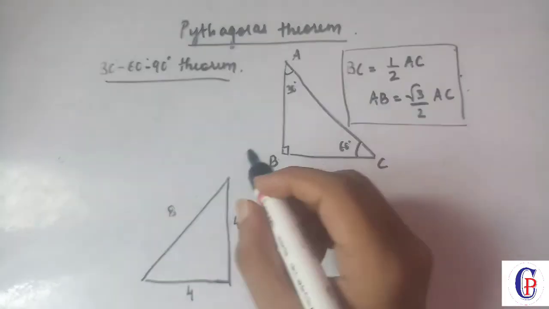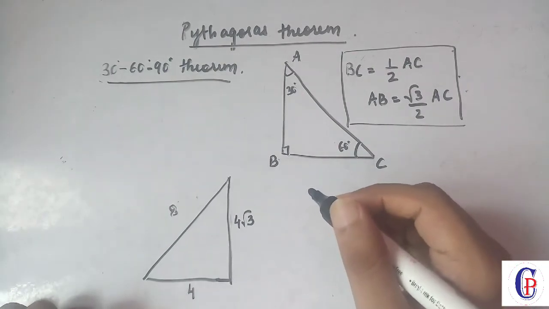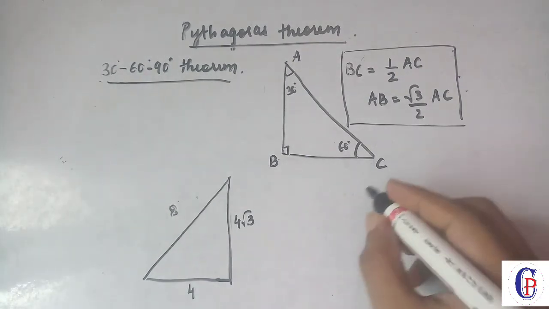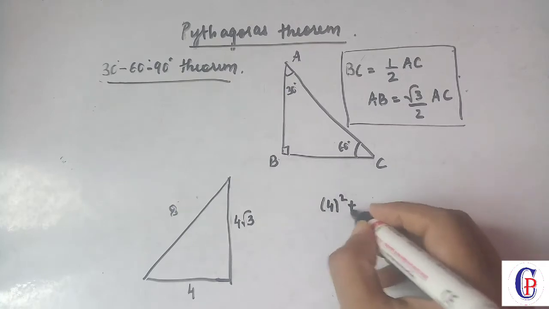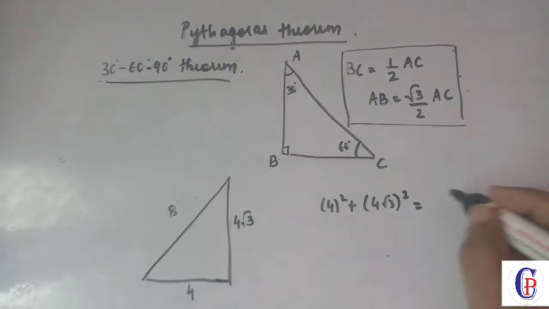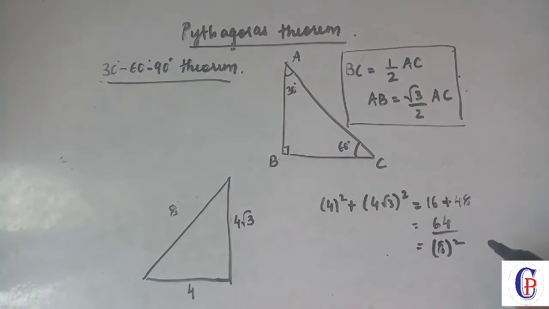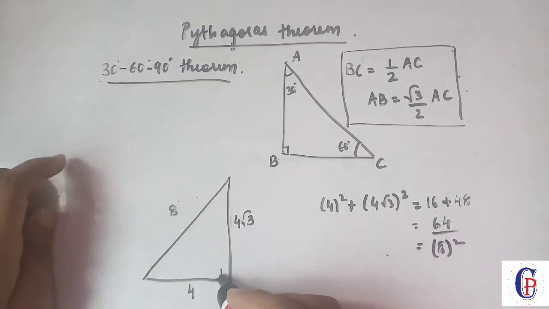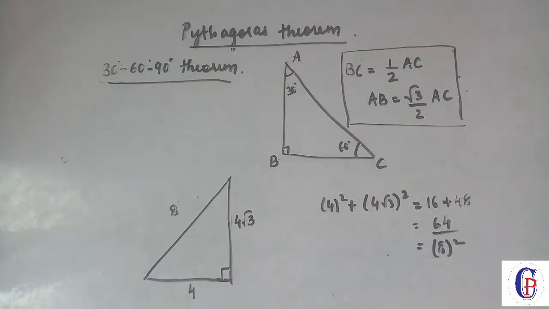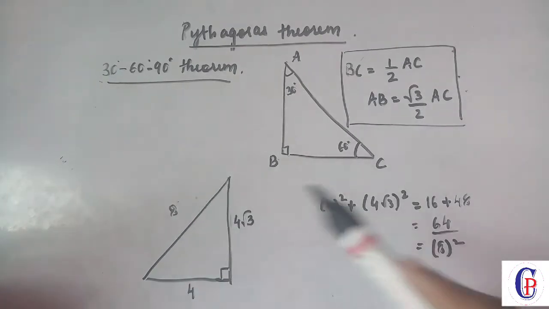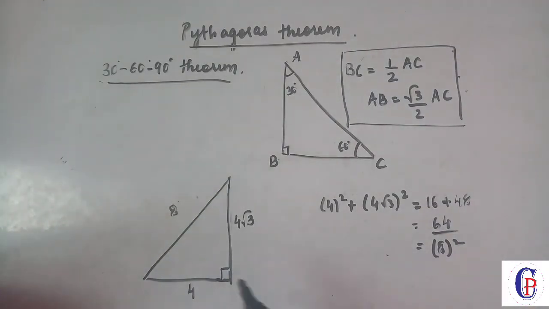Now, first of all, 4 square plus 4 root 3 square is how much? 4 4s are 16, plus 4 3s are 16, 3s are 48. So it is 64, which is the hypotenuse square. So of course this is a right angle triangle, because the sum of the squares of these two sides is equal to the square of this side.